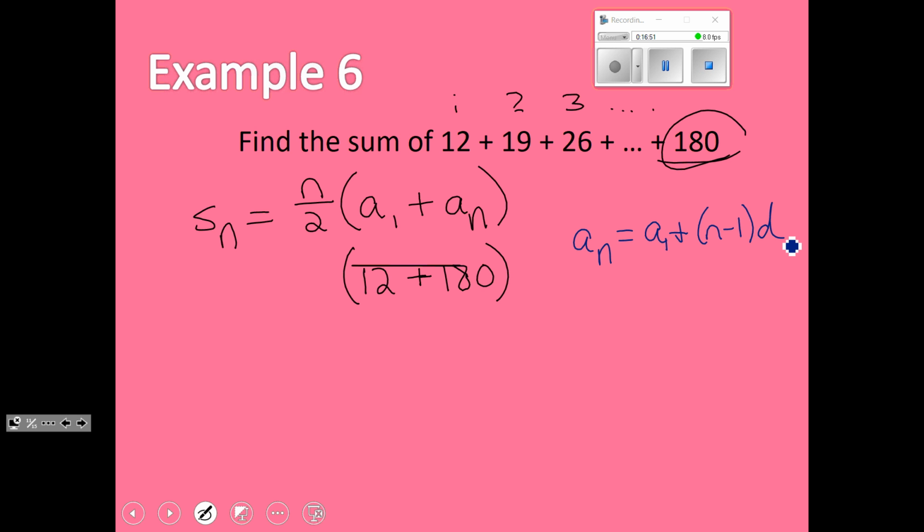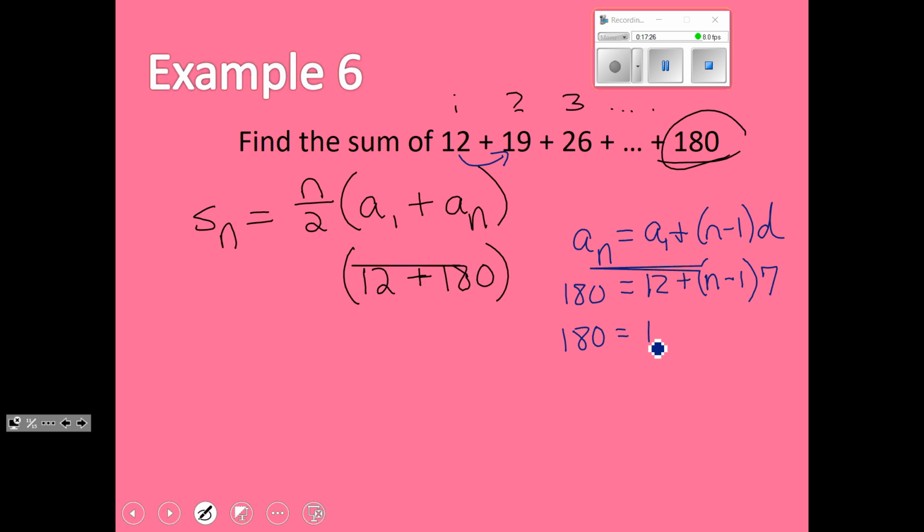We're looking for what term 180 is. We know a sub 1 is 12. We don't know the n. Do we know our common difference? What am I adding? I'm adding 7. So my question is, could we use this formula to solve for n, and then once I know what n is, could I plug it back into the sum formula? And the answer is yes. So that's what I'm going to do.